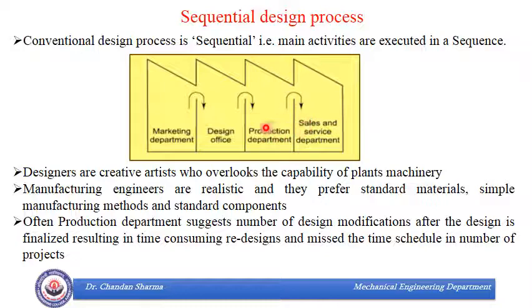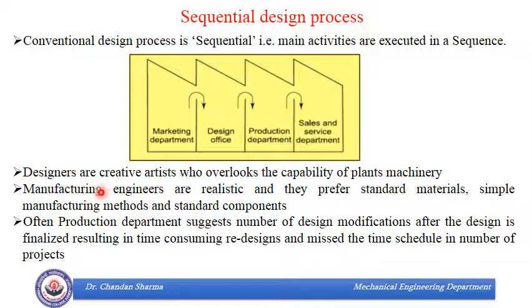So you can see that there are 4 different departments and all are working in sequence. If this department has not given the demand, this design office will not be able to design it. If it is not designing, this department will not be able to produce it, like that. So they all are working in isolation.